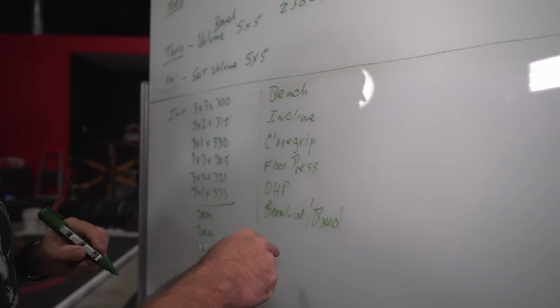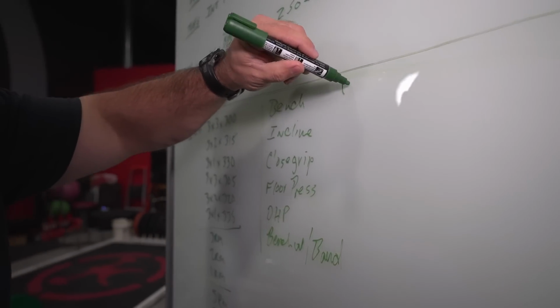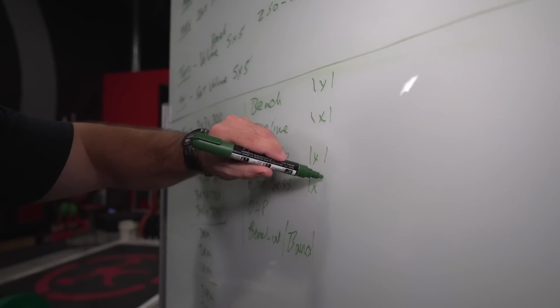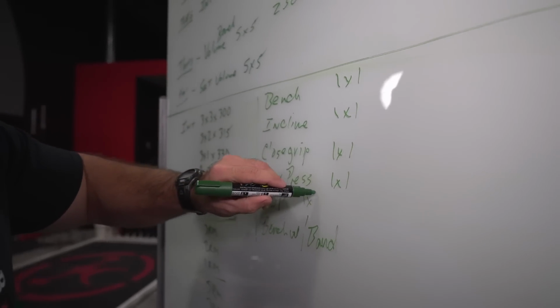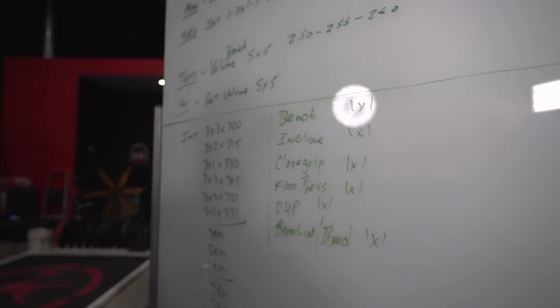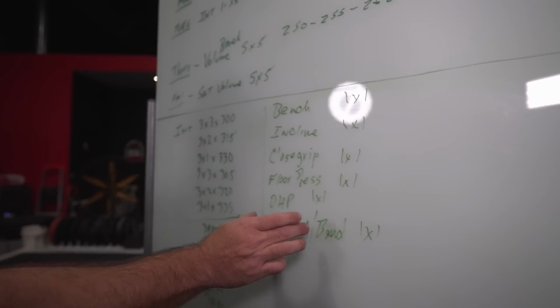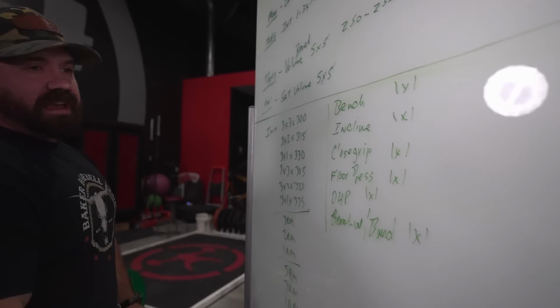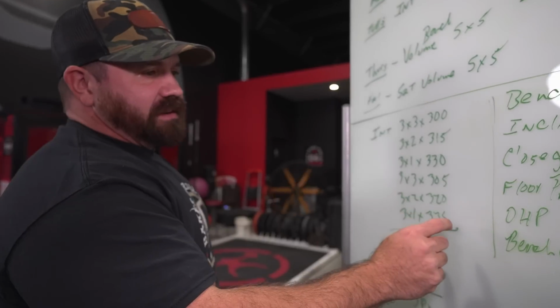So this changes, but it's all basically the same in terms of volume and intensity. The reality is we may do it a little differently, but that's basically the way it would work. These change, but this stays the same, versus the exercises staying the same and the sets and reps changing.